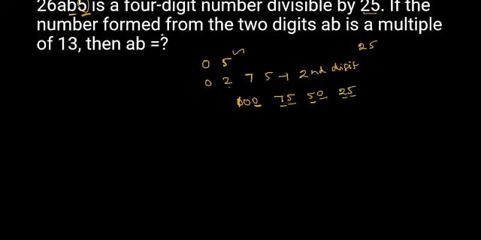Now understand that since the last digit has been given as 5, the only possibilities are 75 and 25.